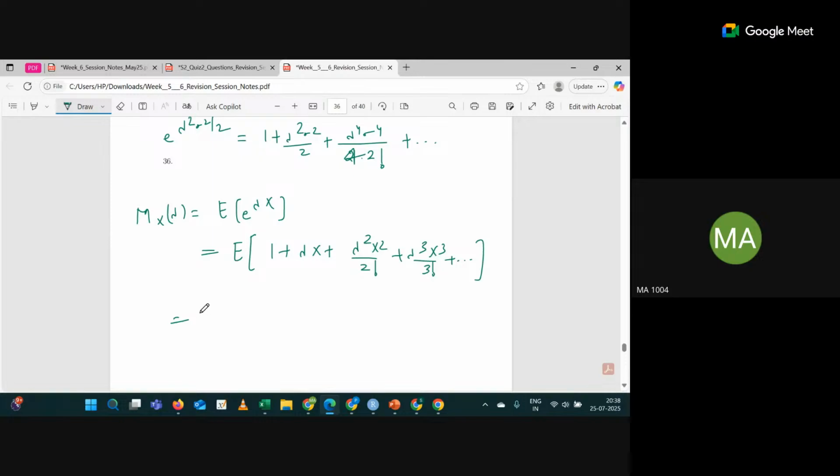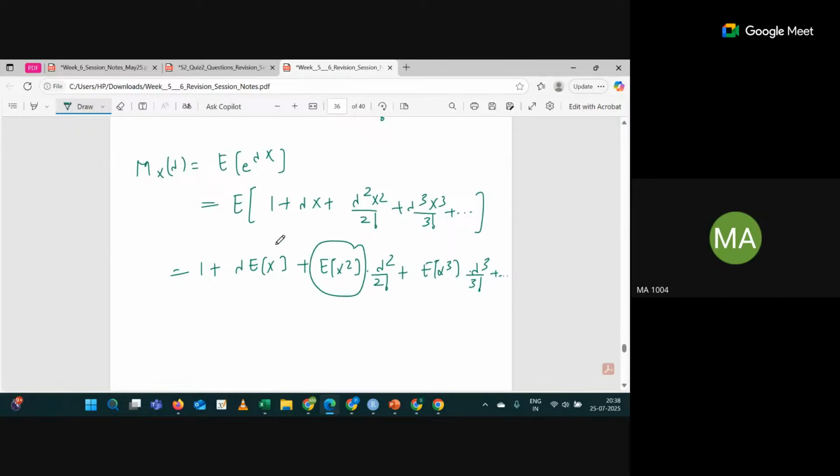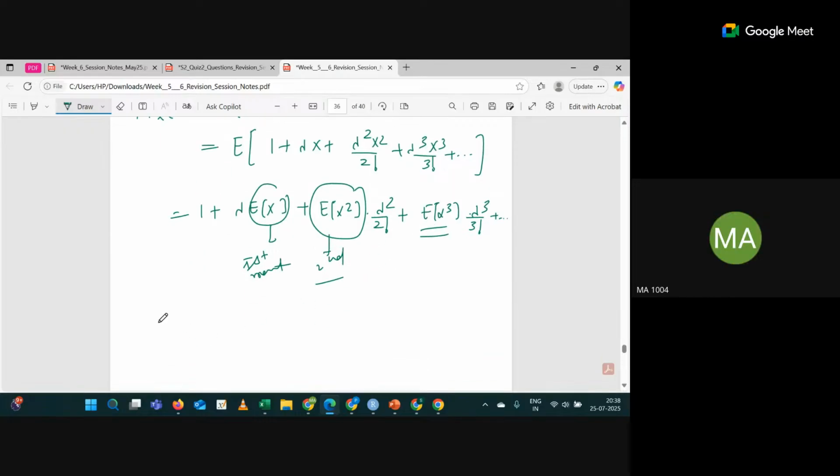If you take the expectation inside, it will be 1 plus lambda into the expectation of x, plus the expectation of x square into lambda square by 2 factorial, plus the expectation of x cube into lambda cube divided by 3 factorial and so on. What is this? This is the first moment, right? And the second moment. This is the third moment.